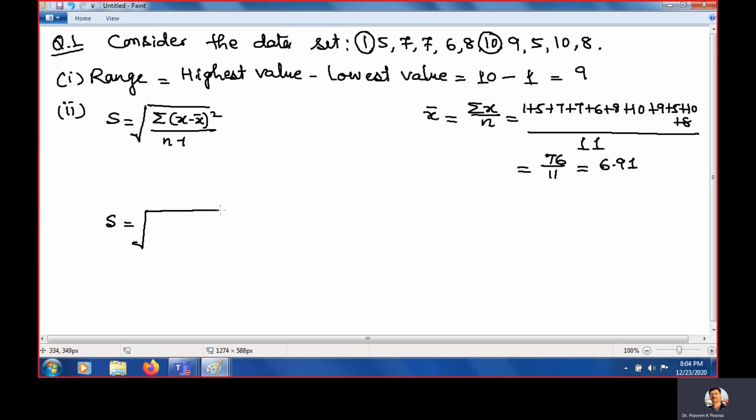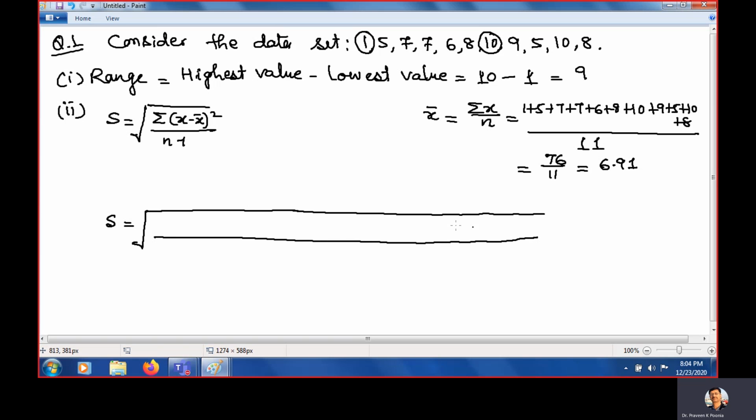Now look, this will be a long square root. Why will this be a long square root? Because it is a sigma. Sigma means how much? It is x, first value 1 minus 6.91 whole square, plus then second value 5 minus 6.91 whole square, then the next value 7 minus 6.91 whole square.